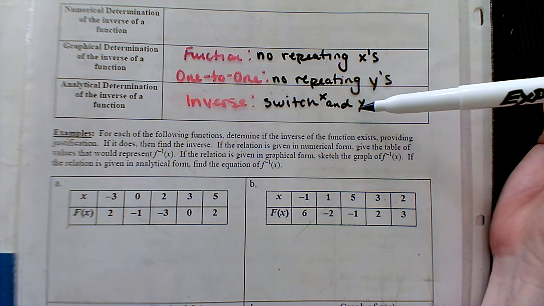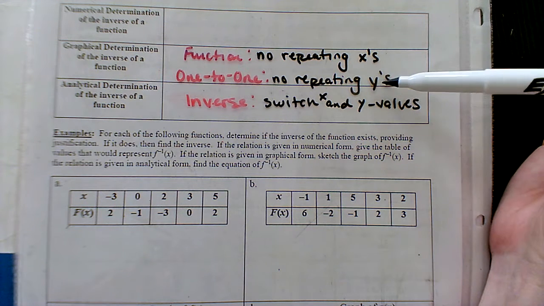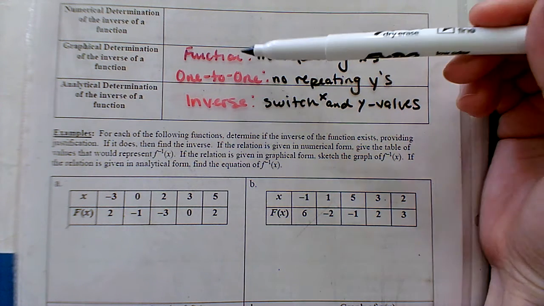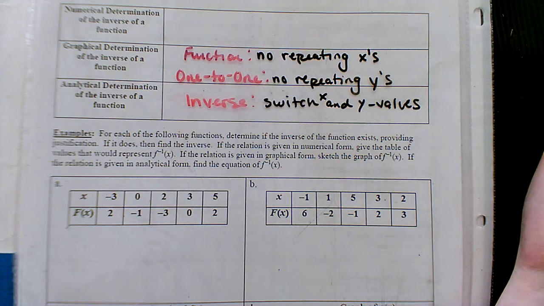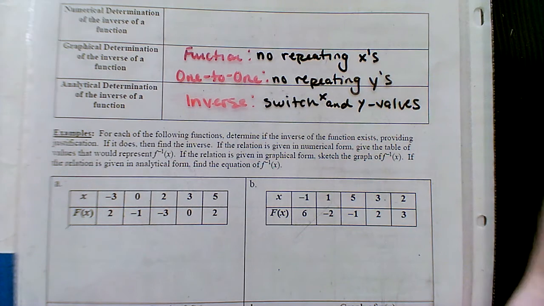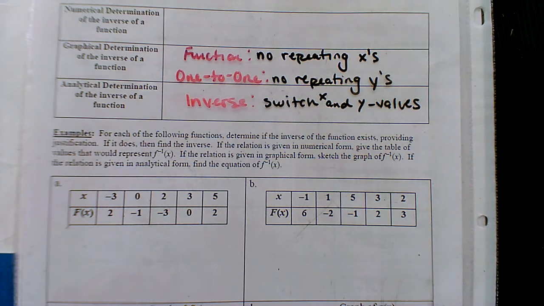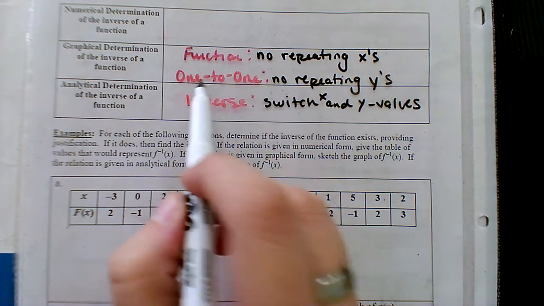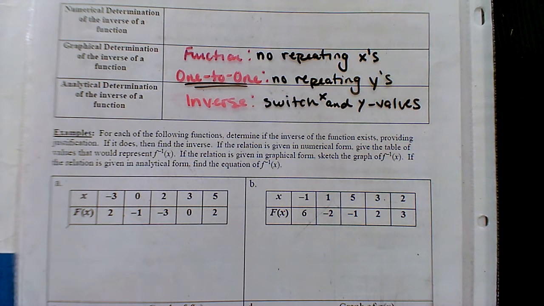So if you switch the x's and y's, those repeating y's then become repeating x's, which is a problem for the inverse, because the inverse is not going to be a function. So in order for an inverse to be a function, the original equation, whatever we start with, must be one-to-one.